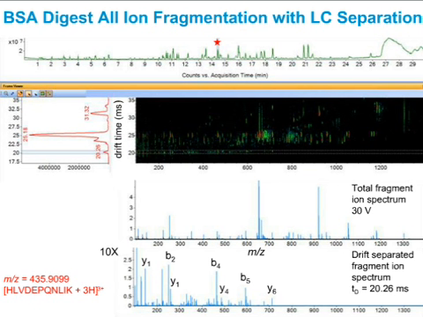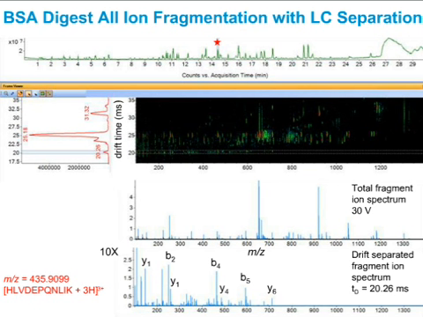Now, if we want to identify one of those smaller components, which I think would be fun to try, we picked for example here the one coming out at about 20 milliseconds. That's the first one. And you can see in our browser, we select that area. And now we can look at the ions in the mass spectrum from this region at 20.26 milliseconds. And that's shown on the bottom. And you can see now we get quite a different spectrum than the total.